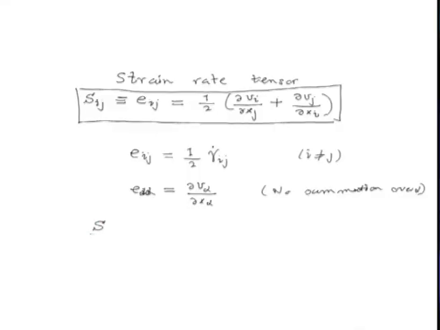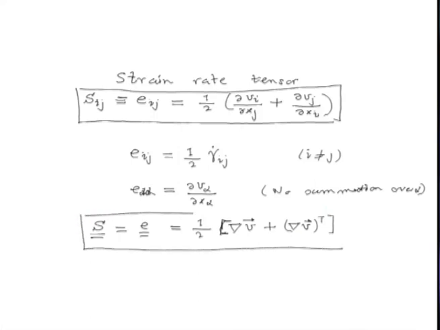So, in the tensor form or dyadic notation, we can write S or E as half of the gradient of the velocity vector plus the transpose of the gradient of velocity. So, this is what the strain rate tensor looks like in terms of the gradient of the velocity vector.